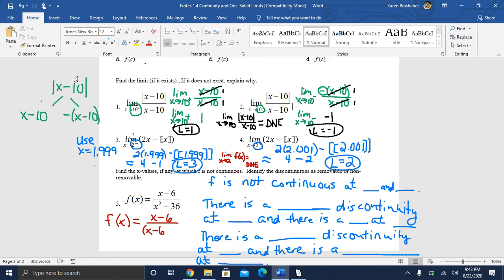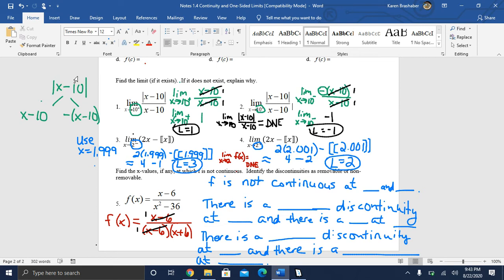So that's a difference of 2 squares. I'm going to factor it into x minus 6 and x plus 6. And I'm going to notice that I can simplify, or maybe you might think remove, the x minus 6 factor, but I cannot remove or simplify the x plus 6 factor.